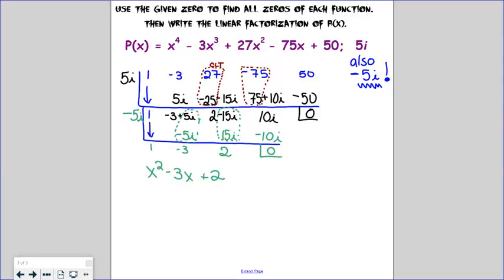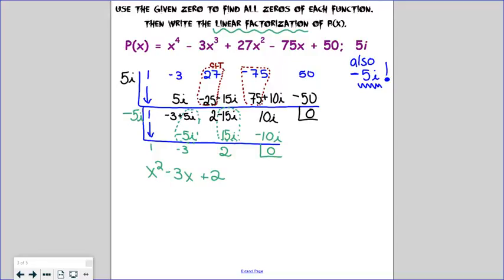Okay, are there factors of positive 2 that add up to negative 3? Yeah, negative 2 and negative 1, yes. Okay, so let's go back up to the top. Yesterday you were introduced to this phrase right here, linear factorization, which means that we're going to write out all of those. You remember that on your assignment? We're going to write out all of those, including the i's, with an x to the first. That's what linear means.